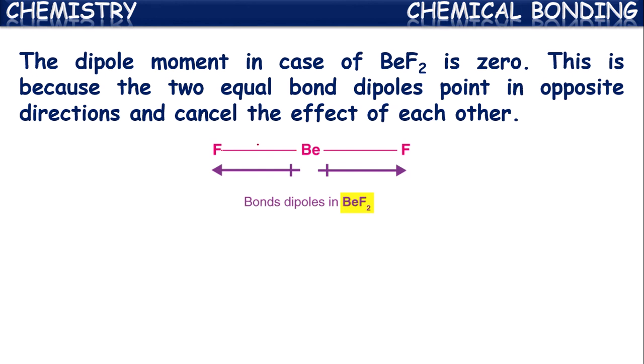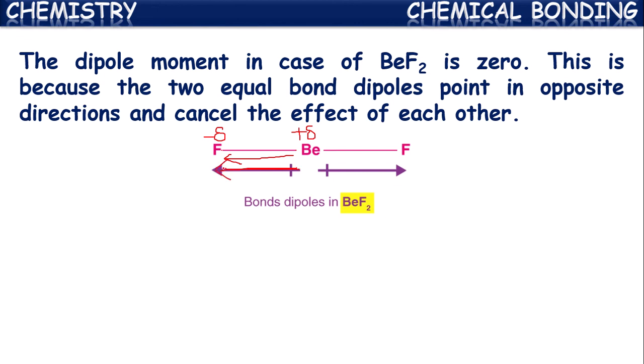But out of these two, fluorine is more electronegative, so it pulls the pair of electrons towards itself. By that it gets a negative charge. Beryllium loses the pair of electrons towards fluorine, and hence it gets a positive charge. That is why the dipole moment in this Be-F bond is shown in this direction.